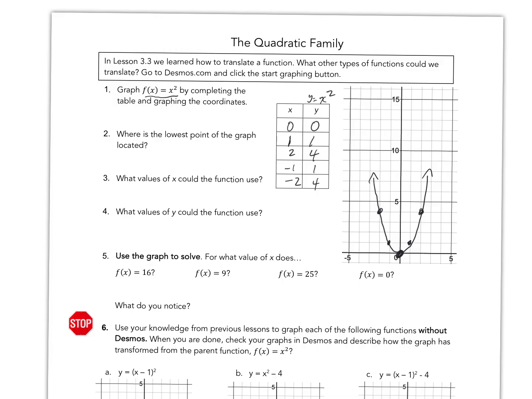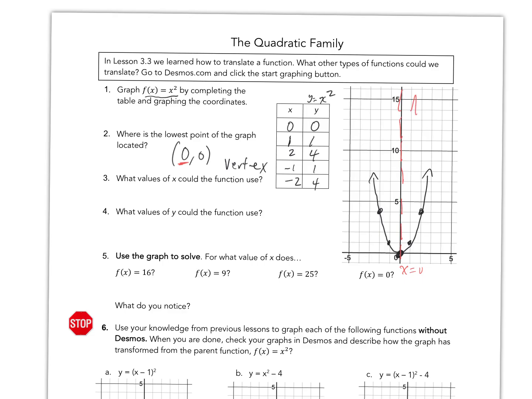So the lowest point of the graph is the point (0, 0). This point is called the vertex, and then there's what we call the axis of symmetry. The axis of symmetry is the vertical line x equals 0, or x equals a, whatever it is, but it is x equals the x-coordinate of the vertex.